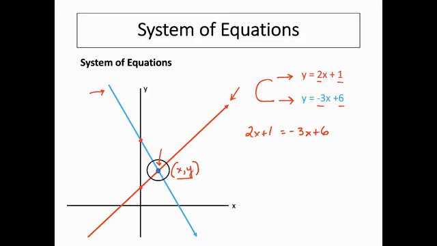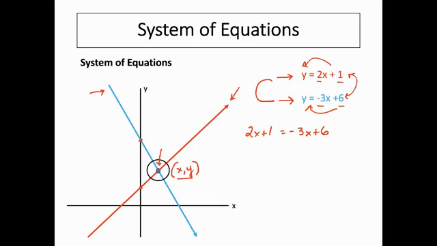What I want to find now is this point where they intersect. So I'm going to set my equations equal to each other. Since they were already both in the form y equals something, I know that both of these now equal the same thing. If this equals y and this equals y, both of these equations can be set equal to each other. All right, now we just do some simple algebra.